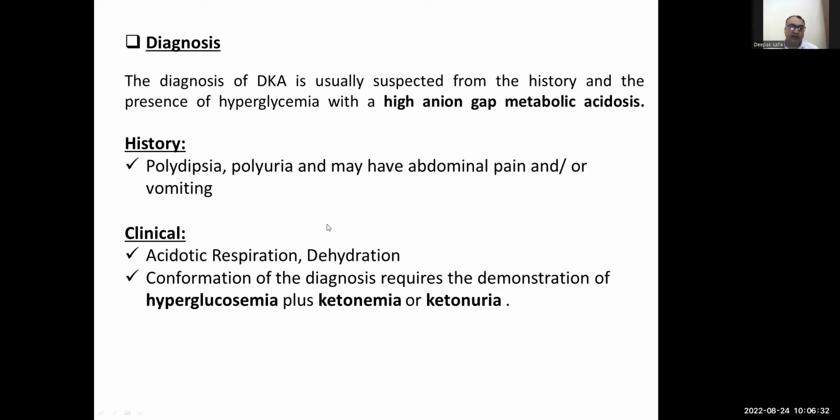And the clinical features are acidotic respiration and dehydration, and confirmation of the diagnosis requires demonstration of hyperglycemia plus ketonemia or ketonuria, and especially the ketonemia, usually the beta-hydroxybutyric acid level in serum is considered for the diagnosis rather than acetoacetate and acetone, because sometimes the urinary ketones also give false positive and false negative tests with regard to the Rothera test.